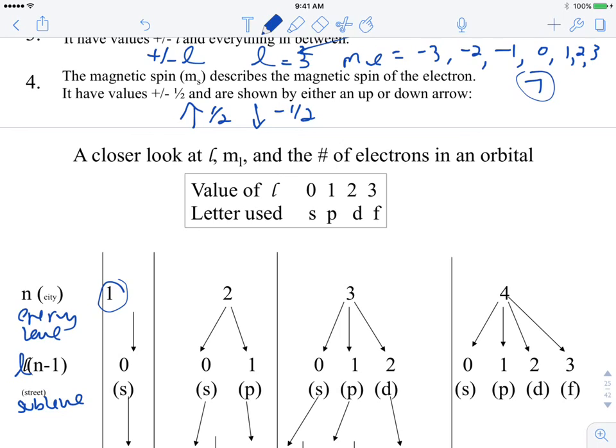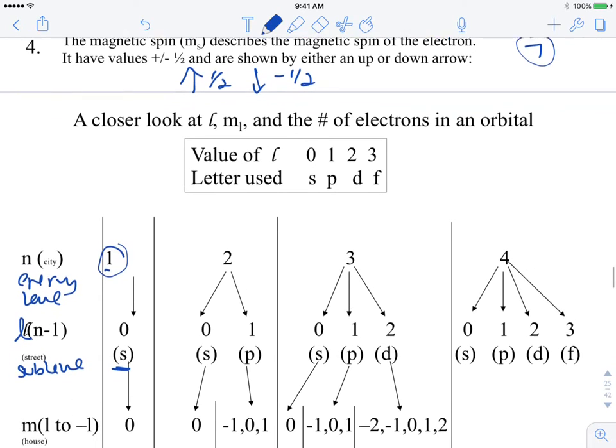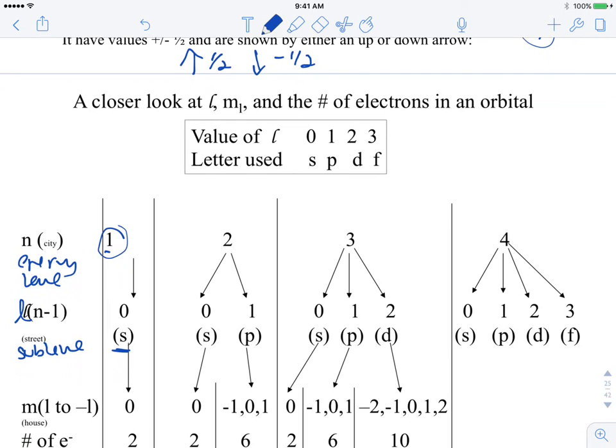So I do the subtraction. N minus 1, 1 minus 1 is 0. That actually gets a letter designation S. So in the first energy level, there is a sublevel called S, which has a numerical value of 0.